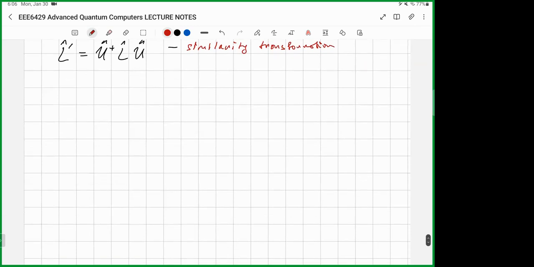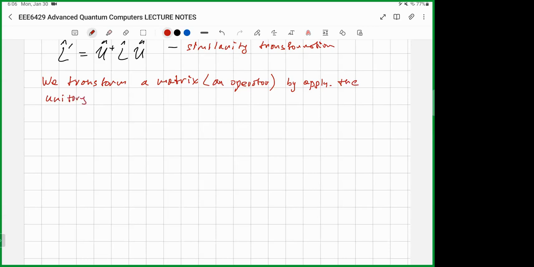Very good. So let's write this down. We transform a matrix or an operator by applying the unitary operator U basically from left and right.